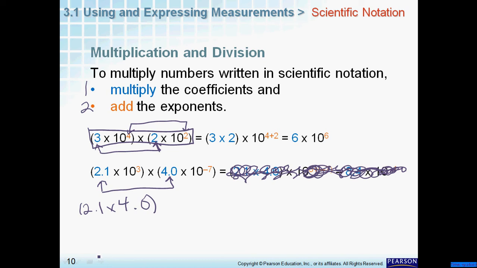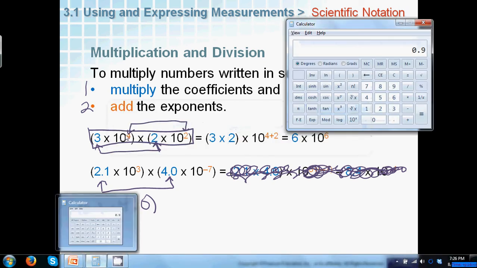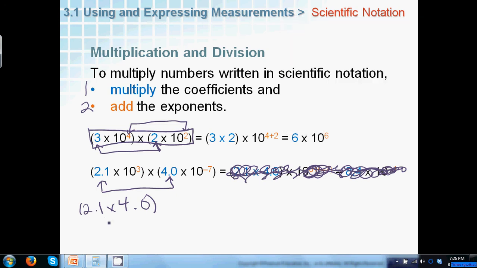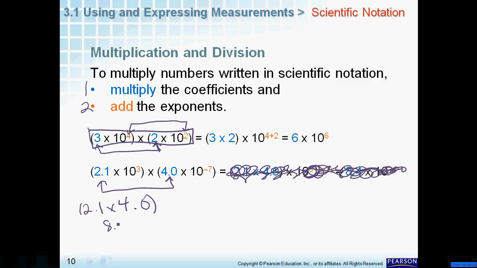I can, you probably can, but let's say I can't. Pull out a calculator. So I have 2.1 times 4.0, and that comes out to 8.4. So 8.4 is my answer there.